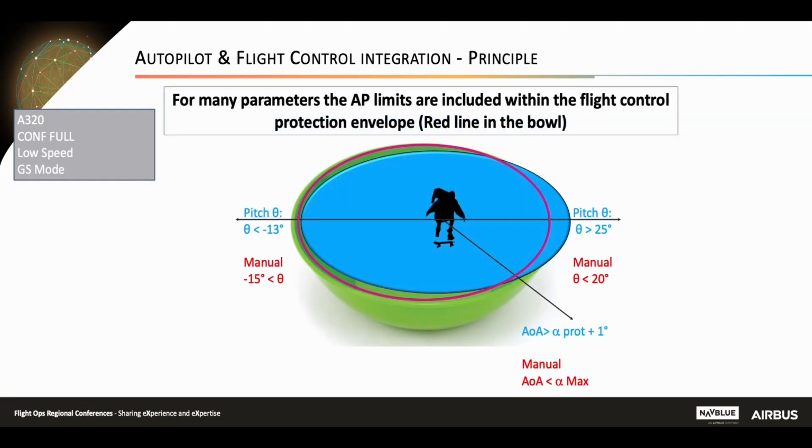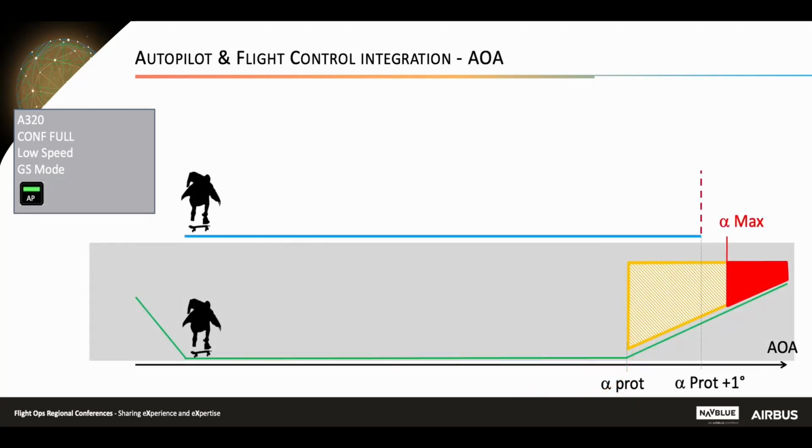We will observe now the same behavior for high angle of attack protection and limit. Let's focus on the autopilot behavior when reaching high angle of attack. As previously explained, the blue line is a sectional plan of the flat blue disc, which is the autopilot area of operation, and the gray area represents the side view of the ball, where the flight control law remains ready in the background during autopilot operation.